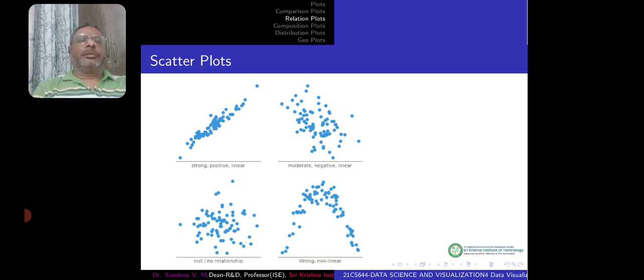Whereas the top right is talking about something a negative, going downward, as the x-axis is increasing, on average the y value is reducing, but the spread is almost equal in both the directions, like the main diagonal and minor diagonal.